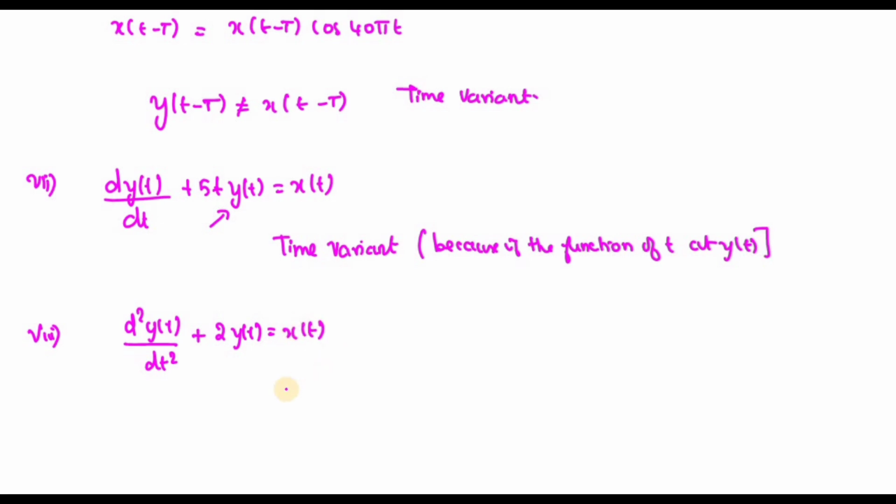So here it is nothing but time invariant, since it is not a function of t. You can see this one and this one are not functions of t, like t square.